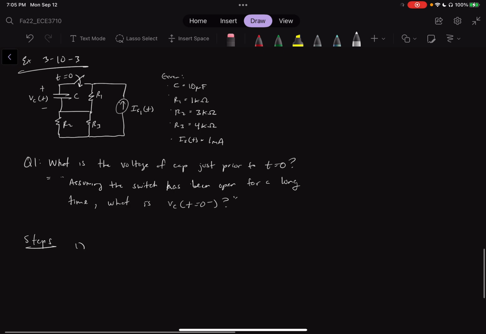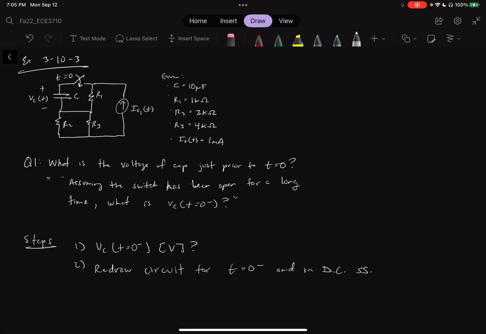Steps. 1, we're solving for the voltage of the capacitor at time equal to 0 minus in units of volts. How do we do this? Redraw circuit for T equal to 0 minus and in DC steady state. So let's do that. DC steady state means what?